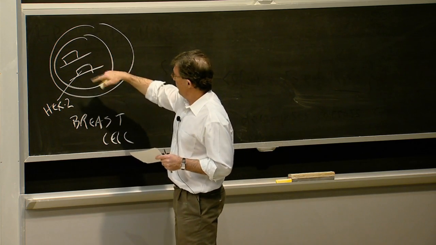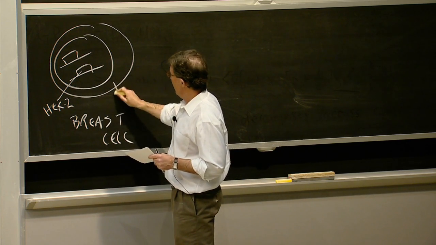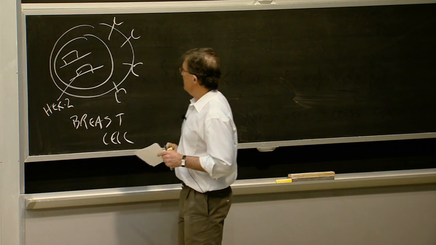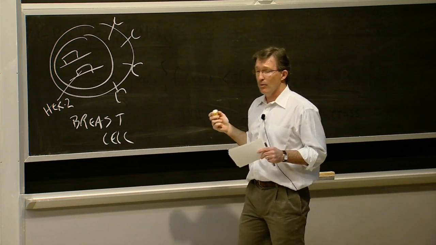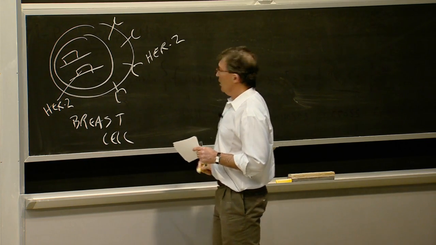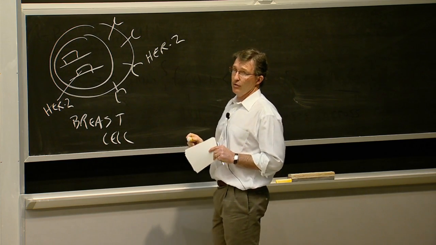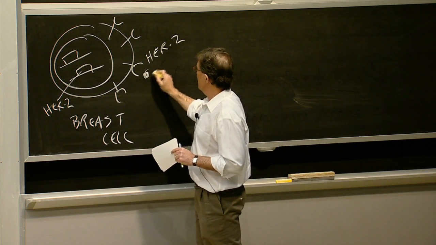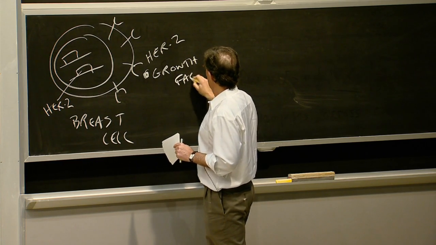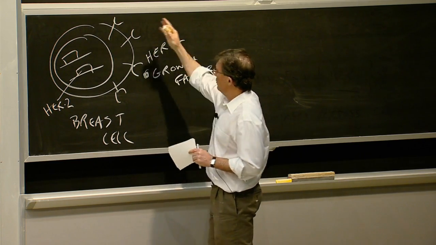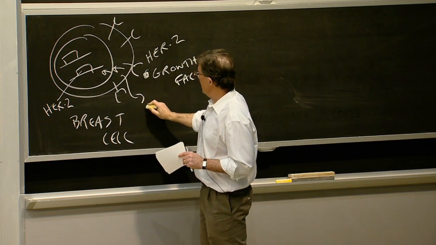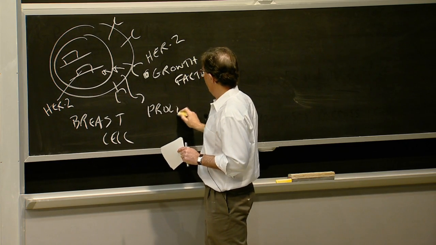And those produce amounts of RNA that produce amounts of protein that lead to the decoration on the surface of these cells with a certain number of receptor molecules called HER2, which are growth factor receptors. They bind to specific growth factors. And when they are engaged with their growth factors, they send a signal into the cell, and the product of that signal is for the cell to proliferate.